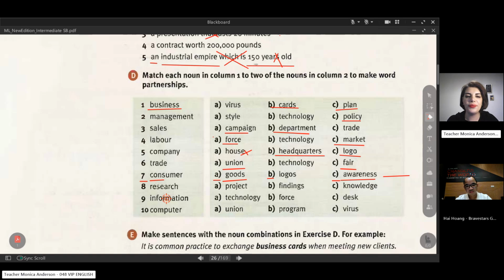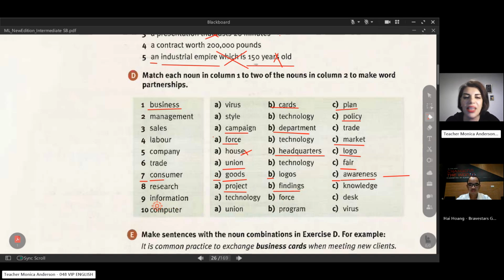Research project, okay, or research findings. Research findings is better because knowledge is something related to us. We research to find, to get knowledge. So findings.